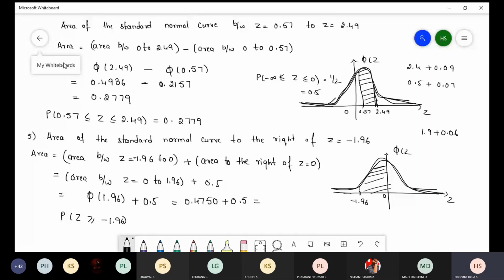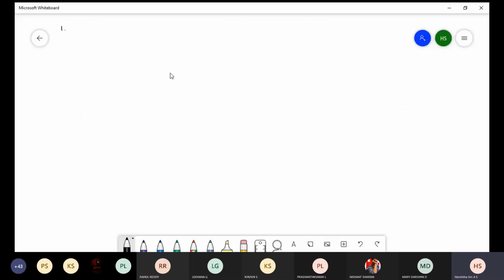So we get 0.9750. So we can write P of z greater than or equal to minus 1.96 is equal to 0.9750.